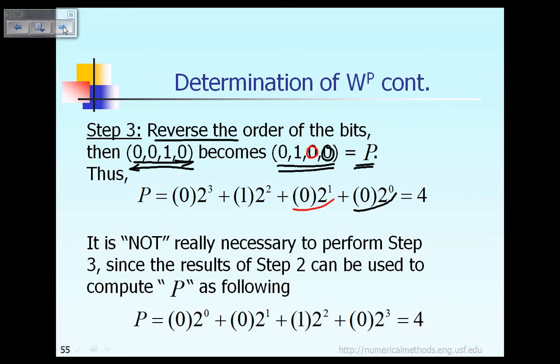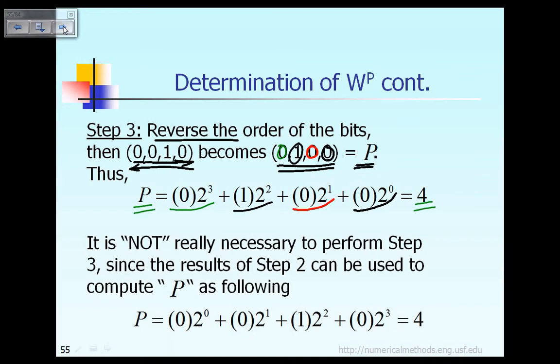The next number 1 corresponds to 1 times 2 to the power 2. And finally, the number 0 that I show in the green color corresponds to this term. So in binary form, the value of p equals 0, 1, 0, 0, and in the normal base 10, the value is equal to 4.